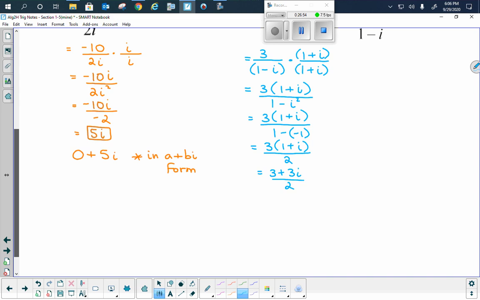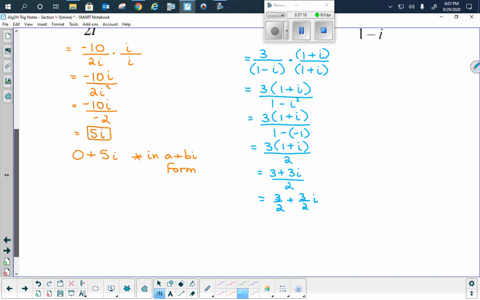all over 2. And then since I'm supposed to put this in a plus bi form, you need to be able to do this in reverse, getting a common denominator. You should realize that that's really the same as 3 halves plus 3 halves times i. Make sure it looks like it's times i and not divided by i.